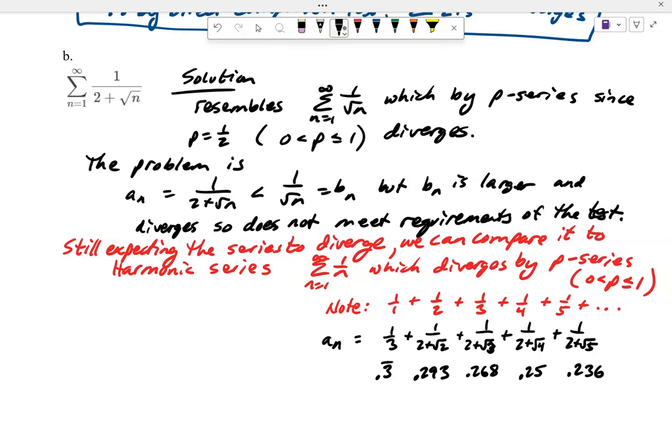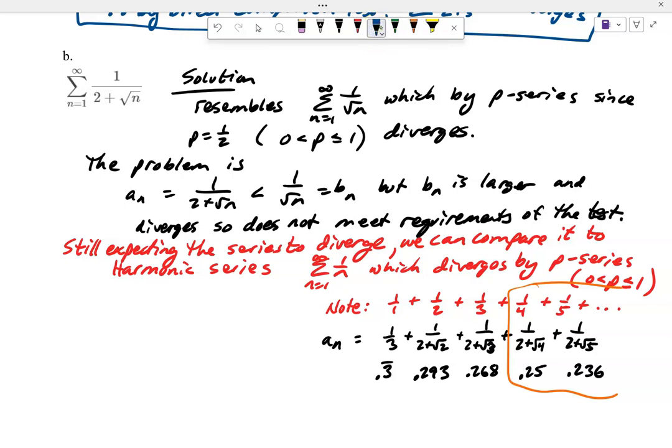So you notice that until n hits 4, after n greater than or equal to 4, the harmonic series is smaller, but not until that fourth term, fifth term, right? On the fourth term, they're the same. After 4, no problem.